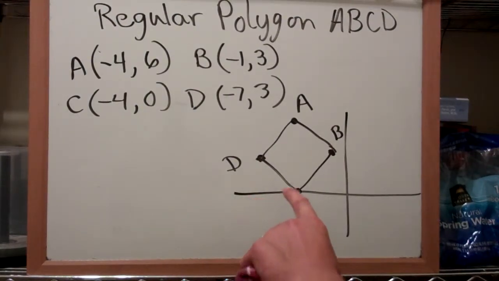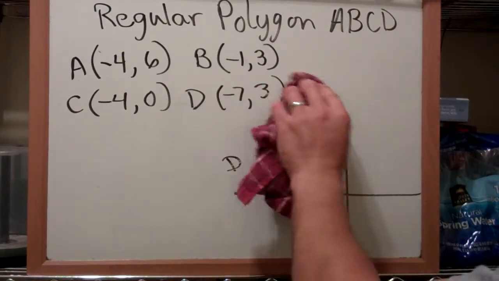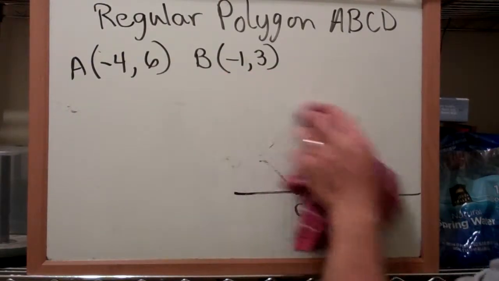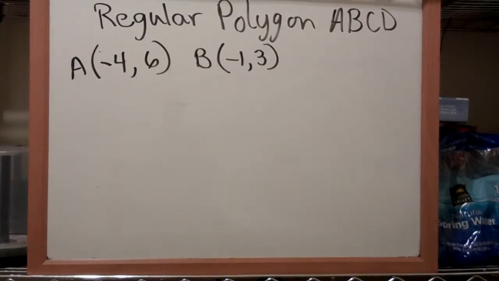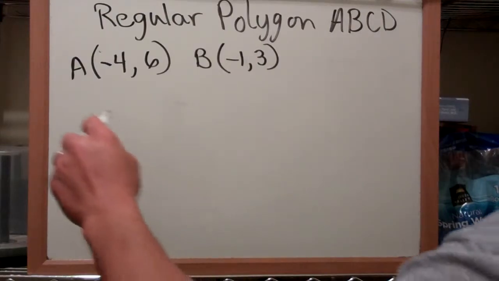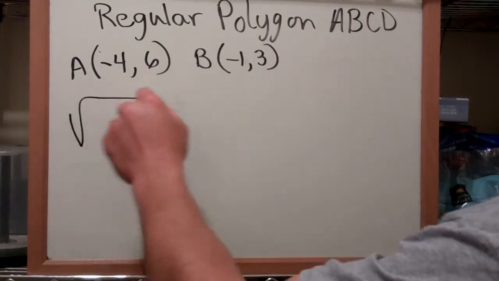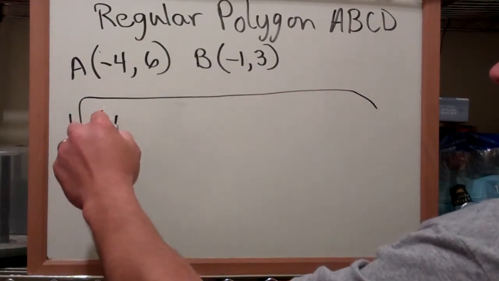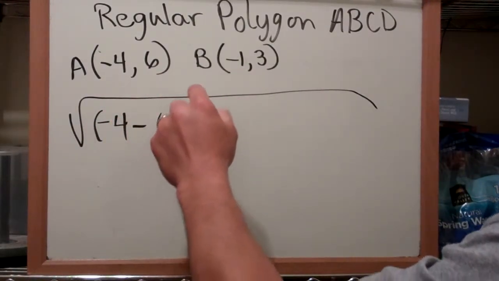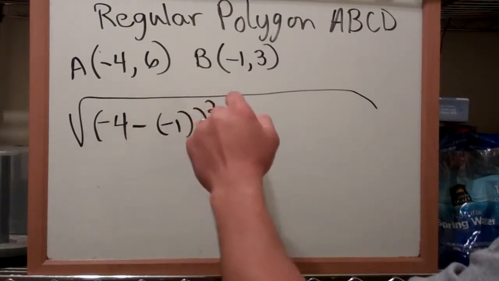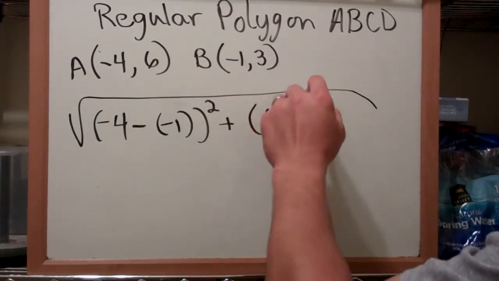And let's say we found the distance between point A and point B. Using the distance formula, we would say that we have the square root of (-4 minus -1) quantity squared plus (6 minus 3) quantity squared.